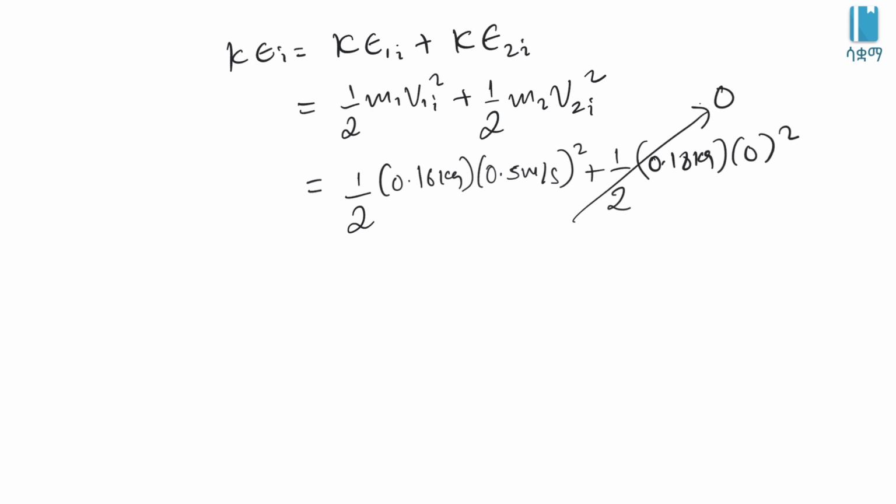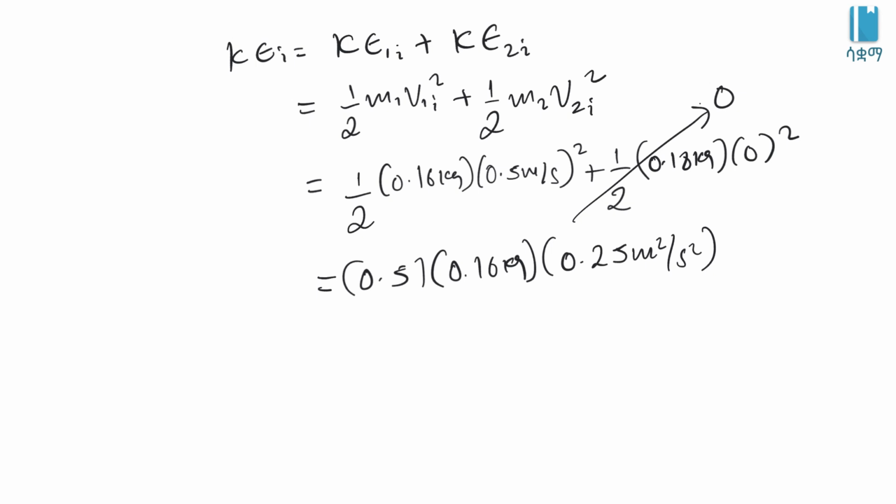So this is simply equivalent to the initial kinetic energy: 0.5 times 0.16 kilogram times 0.25 meter squared per second squared, which gives 0.02 kilogram meter squared per second squared, or 0.02 joule. This is the initial energy of the system.